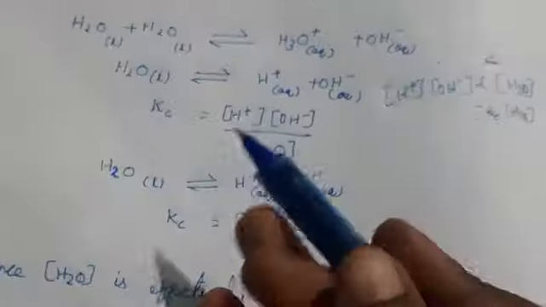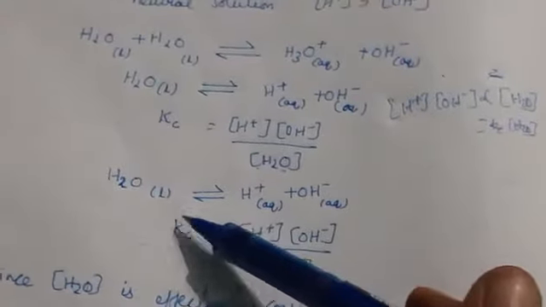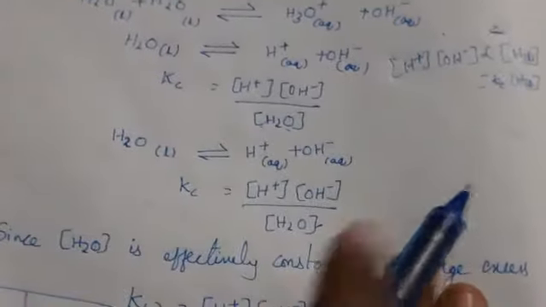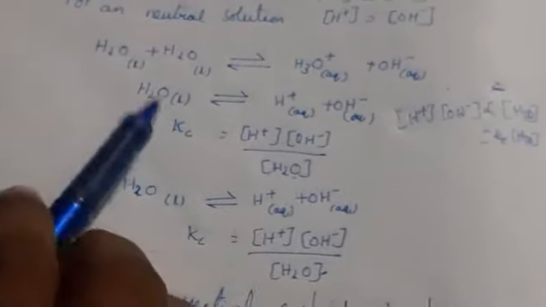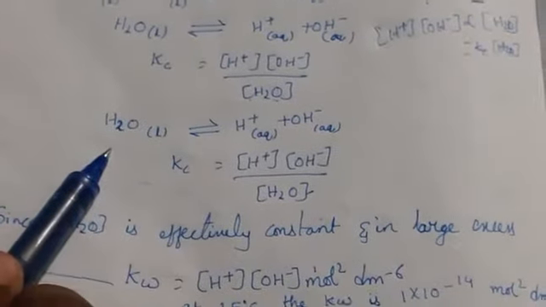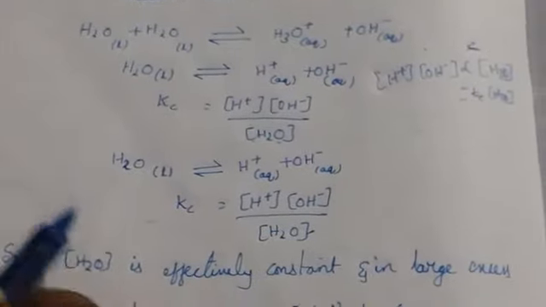Similarly, one more H2O molecule gives rise to H plus and OH minus, giving the same thing. Here observe that the H2O we are taking is in large excess: one molecule here, one molecule here, so two molecules, meaning a large excess.